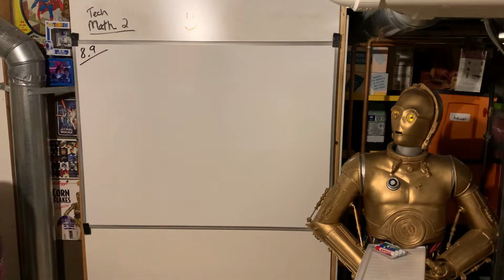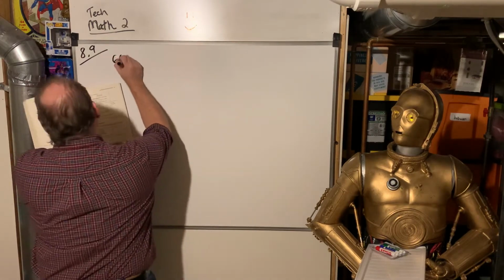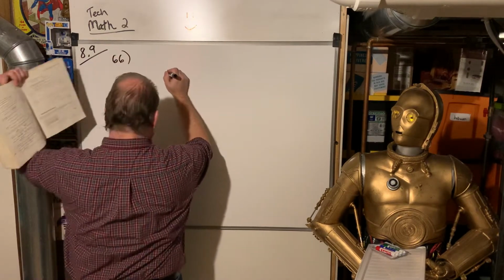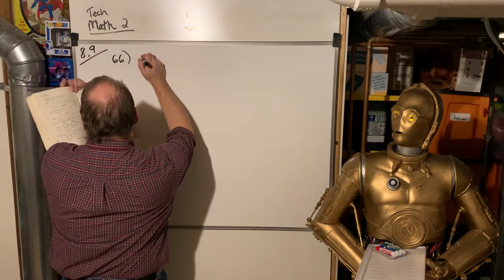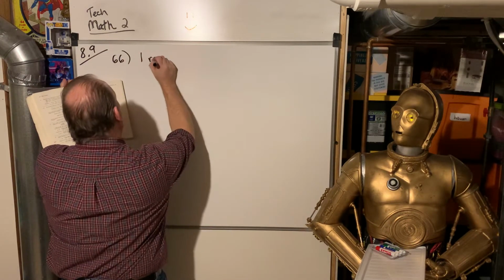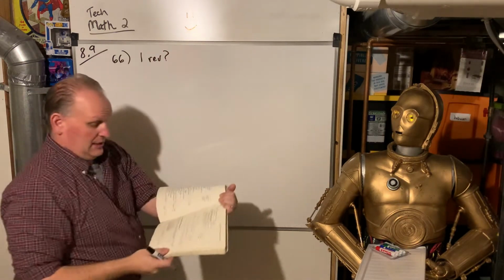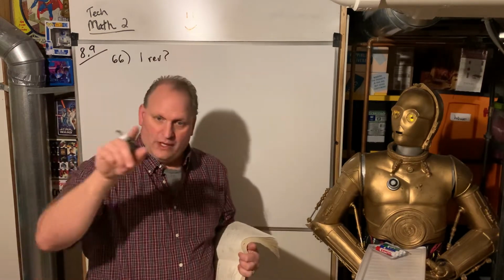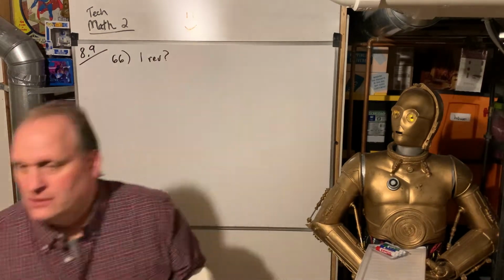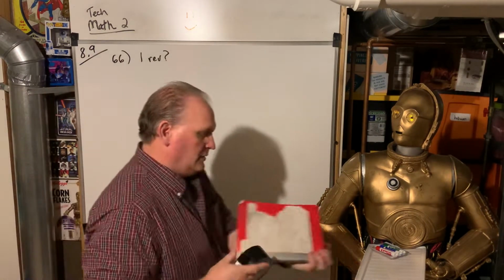And so here, look at 66 on page 367 in the red book. For 8.9, we want to know 1 revolution. How far would it go if the circumference were 5 centimeters? So if it just went 1 full rotation, I've got a roll of duct tape right here.